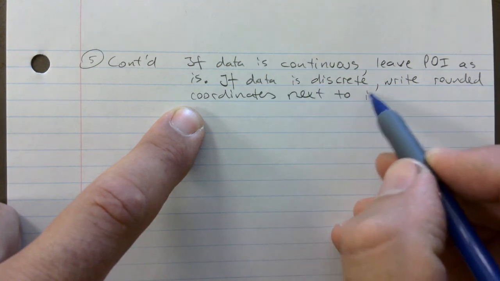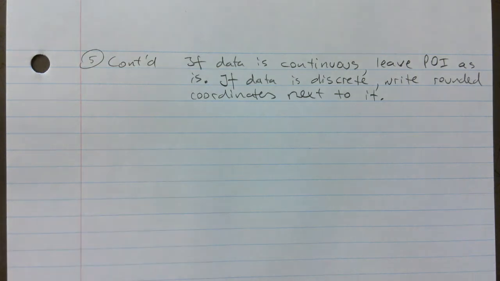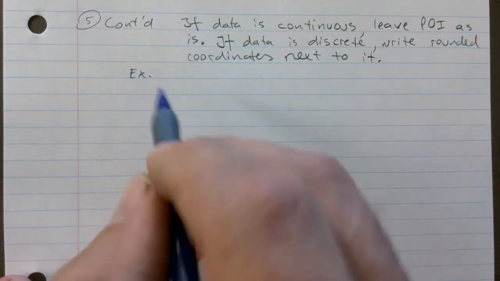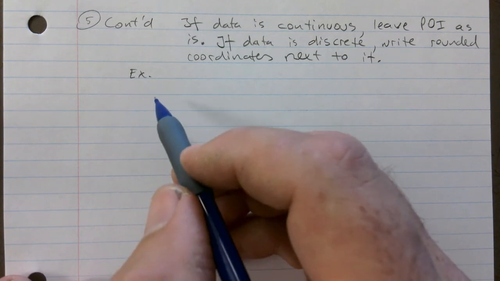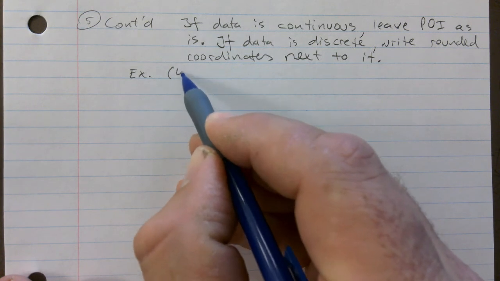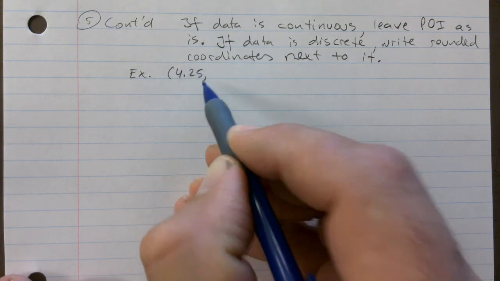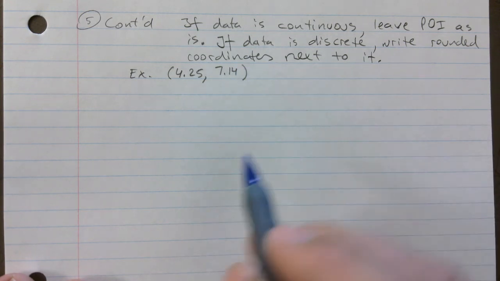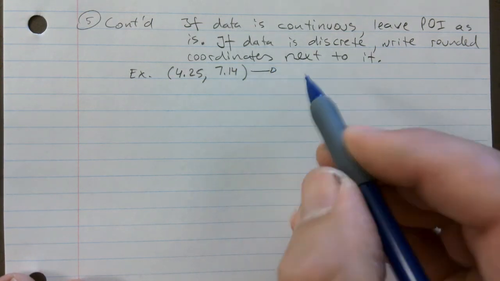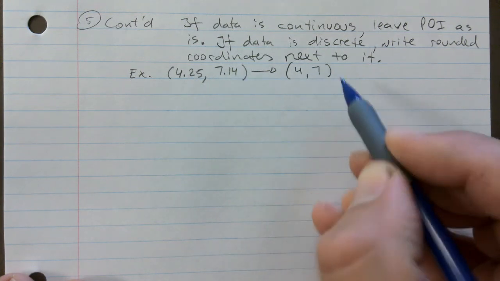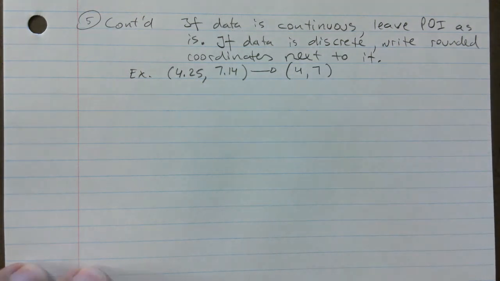Don't just overwrite, but just put it right next to it. Example, let's say you have a corner point that happens to be 4.25 and 7.14. You would put next to it like this. You round it to 4 and 7 if it's discrete. Okay, so that's what I want you to do if that's the case.